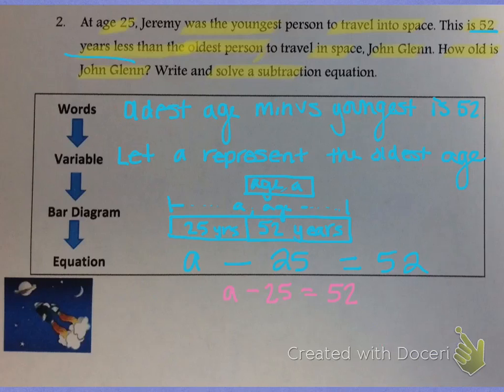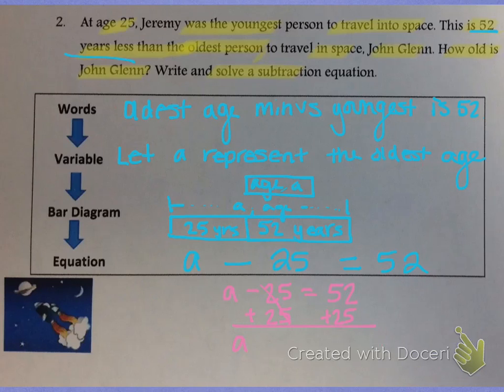Remember, what we do on one side, we have to do on the other to keep the balance. So I have to add 25 and add 25. Okay, so A, I have A left over. I can't do anything with that yet. Negative 25 combined with a positive 25, that goes to 0.